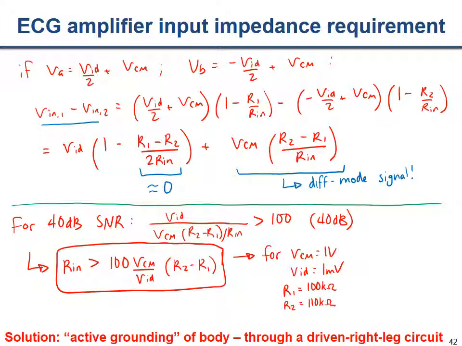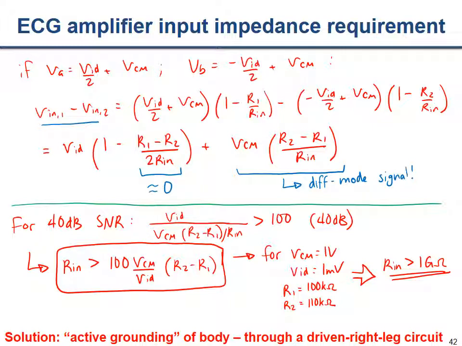So not a huge difference between R1 and R2. What this means is that Rin will have to be larger than 1 gigaohm. This turns out to be non-trivial: getting an input impedance to our instrumentation amplifier of larger than a gigaohm.